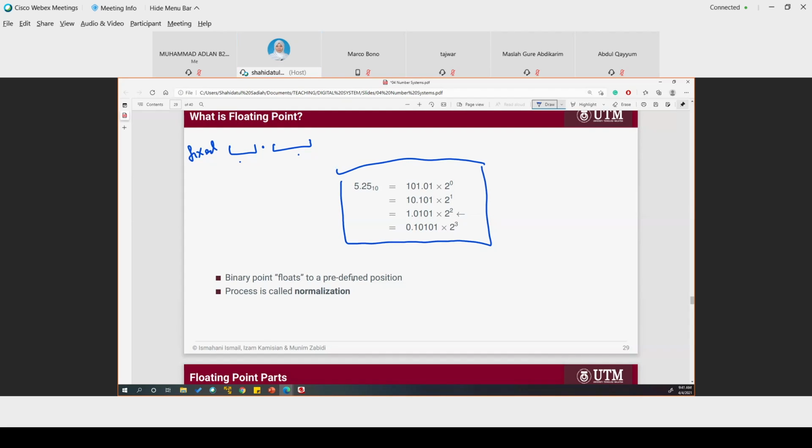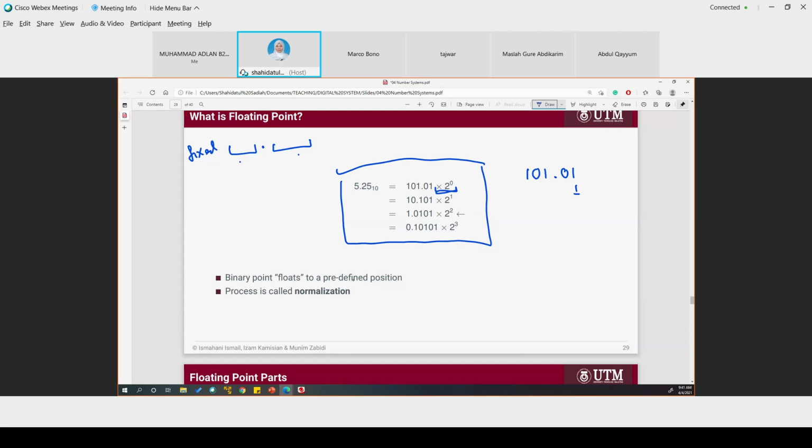All right. So we can float the binary point here, but we need to add how many bits we have moved. Okay. So here 5.25 is written like this: 101.01. 101 is 5. .01 is 0.25.